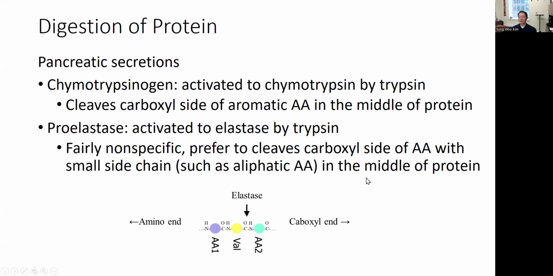Now we are moving to the next zymogen, called chymotrypsinogen. It sounds similar to trypsinogen, but it's called chymotrypsinogen. This zymogen needs to be activated to chymotrypsin, but this activation is done by trypsin. So trypsin is a very important enzyme that needs to be activated first.